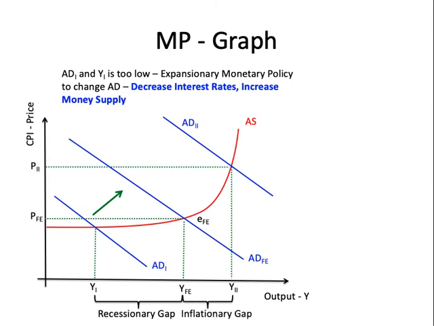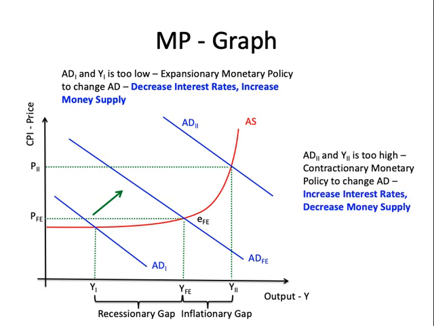Prices are too high, output's great, employment's great, but inflation is not good. Here, contractionary monetary policy is what we want. We want to increase interest rates and decrease money supply, and that will hopefully bring us from aggregate demand 2 back down to full employment aggregate demand.